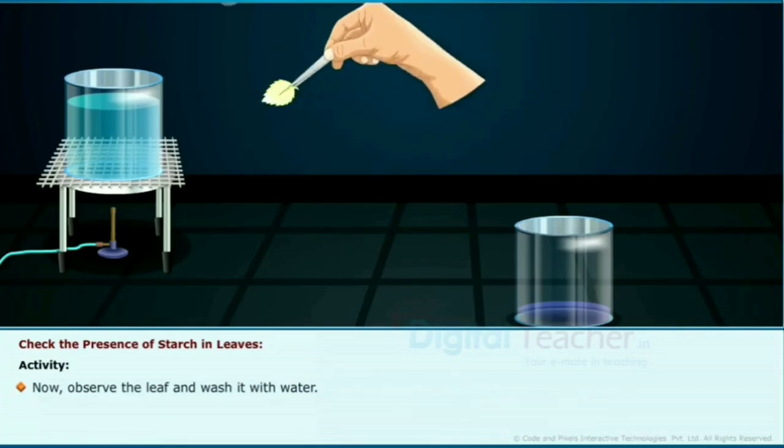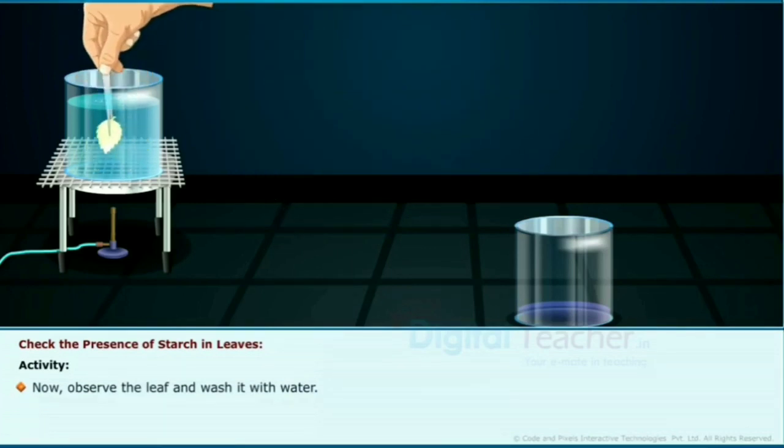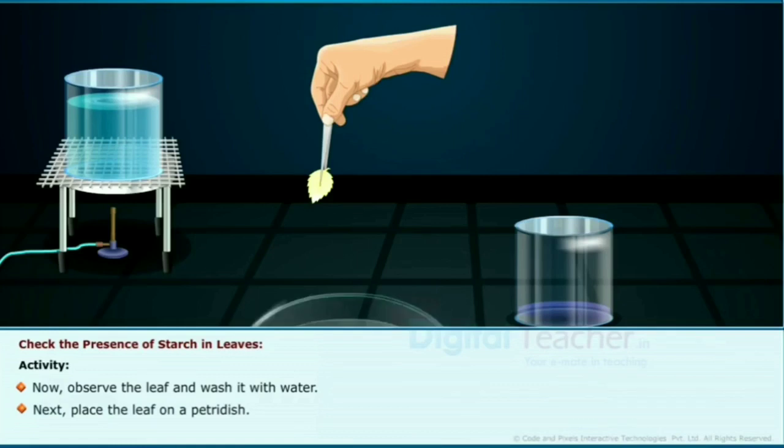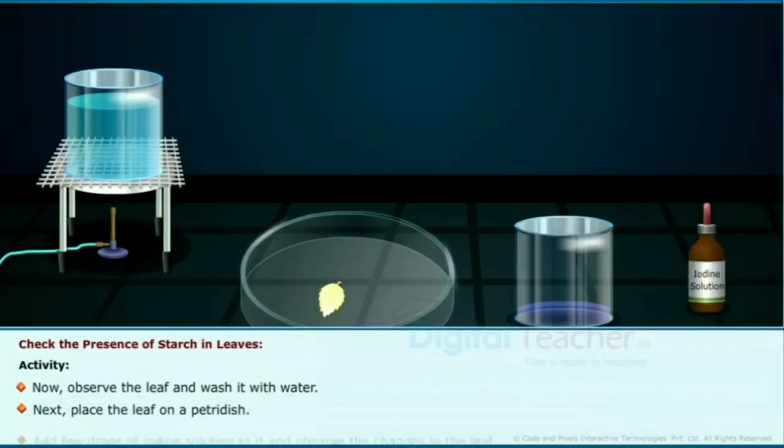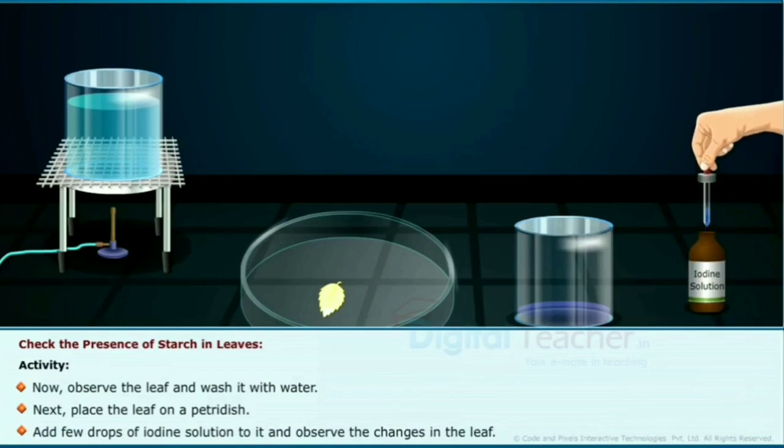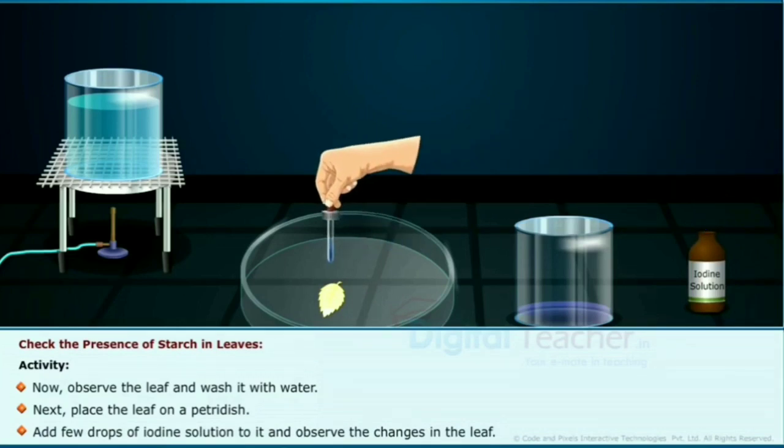Now, observe the leaf and wash it with water. Next, place the leaf on a petri dish. Add few drops of iodine solution to it and observe the changes in the leaf.